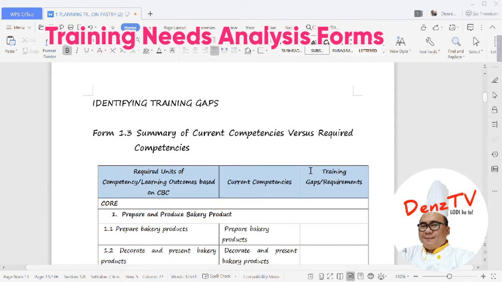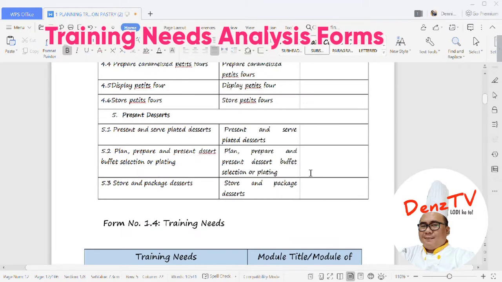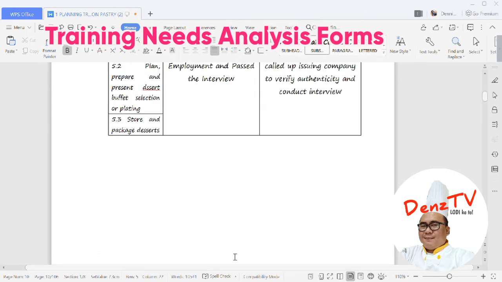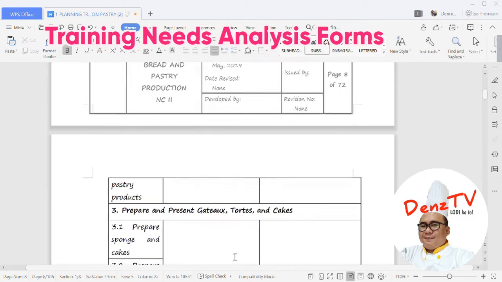Form 1 number 3, summary of current competencies versus required competencies. And the last one is training needs analysis, training needs, which is form number 1.4. These forms are all training needs analysis.